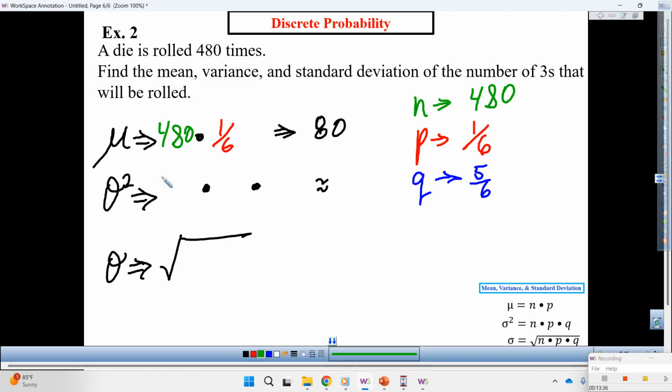We need a variance. Pass someone, Lulu. Brandon Doherty, what's our variance? 16 point 66.6 approximately. Hands if you got that. Looks about right.